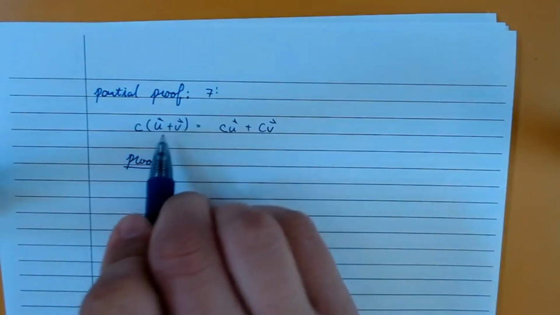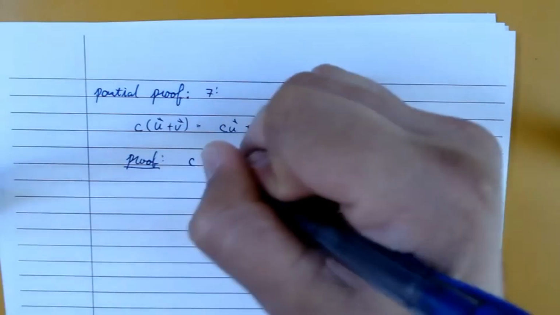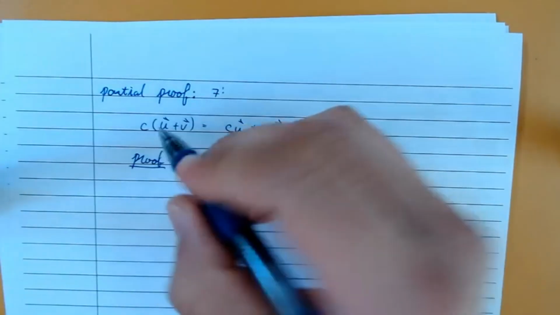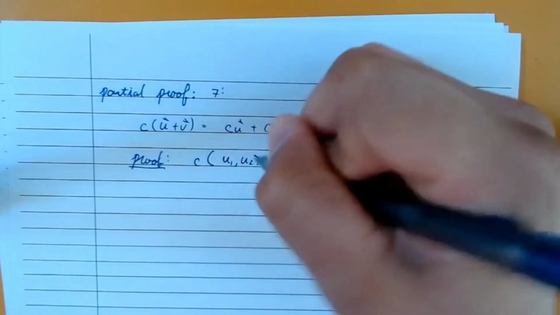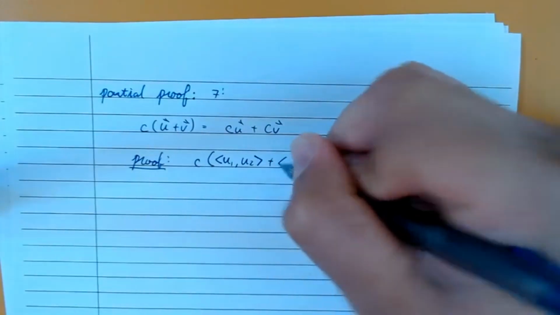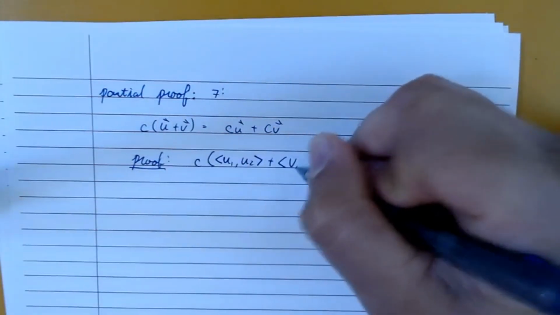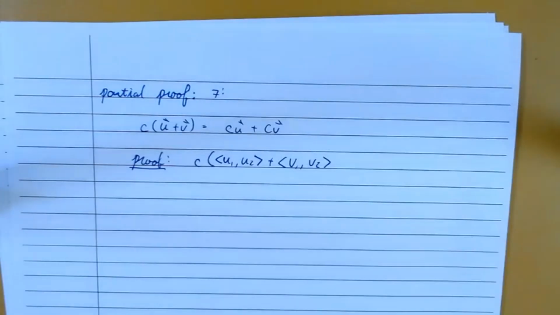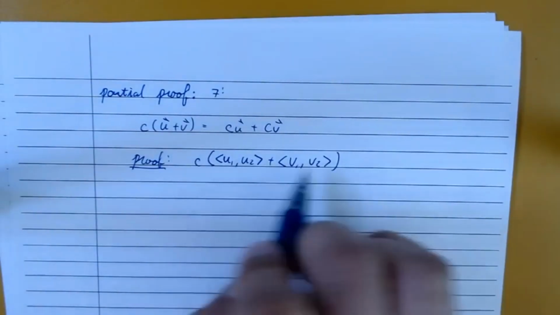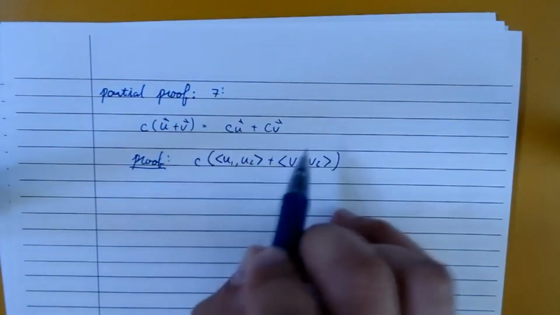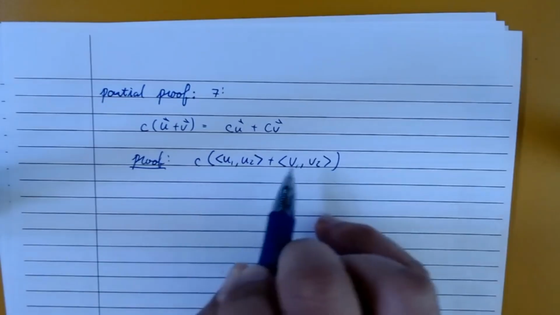Well, I know what these are in component form. So c times u, where u is equal to u1 comma u2, plus v, where v is equal to v1 comma v2 in component form. Okay. Well, order of operations tells me parentheses go first, so I'm going to add these together.